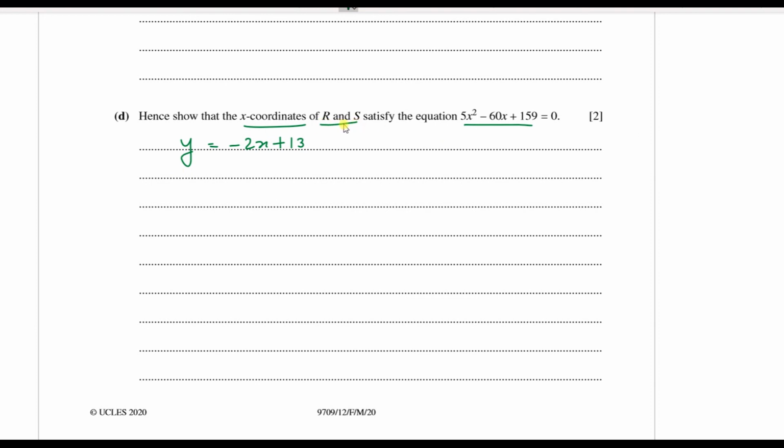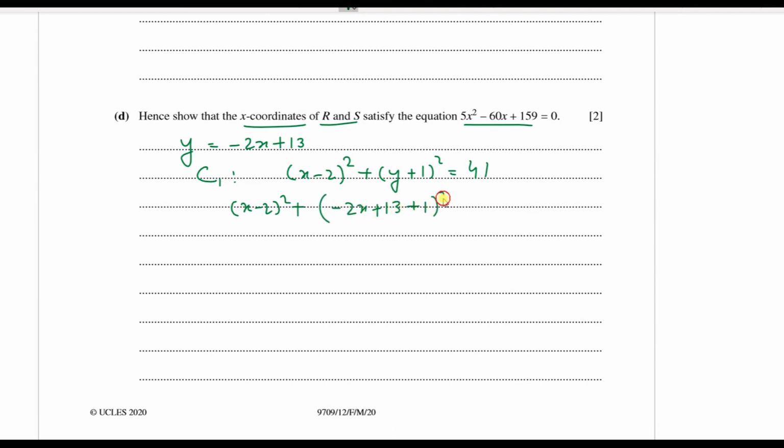I am putting it in the equation of circle C1, that is (x minus 2) whole square plus (y plus 1) whole square is equal to 41. We replace y by this, so it becomes (x minus 2) whole square plus (minus 2x plus 13 plus 1) whole square is equal to 41.